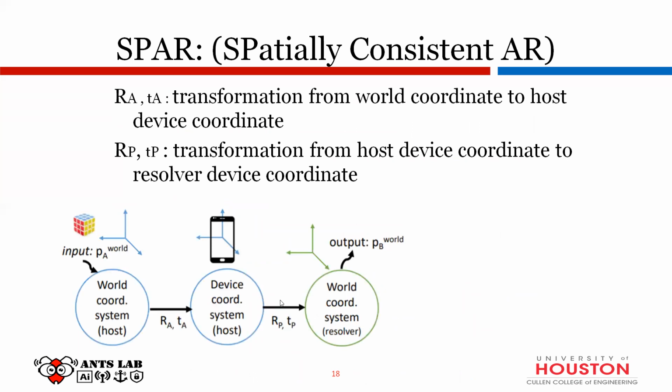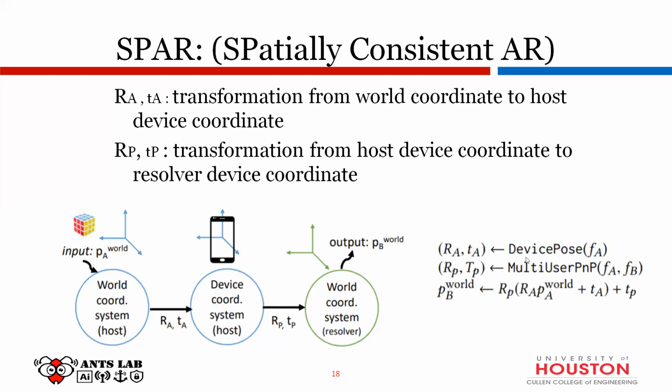So now we have the transformation from the host device coordinate to the resolver device coordinate. Then we can use this function. The first line tells you that you can get it from the keyframes from the host. The second one is that we implement the multi-user PnP to get the transformation between host and resolver.